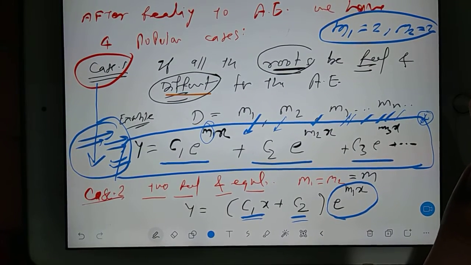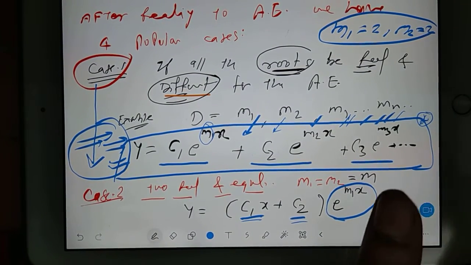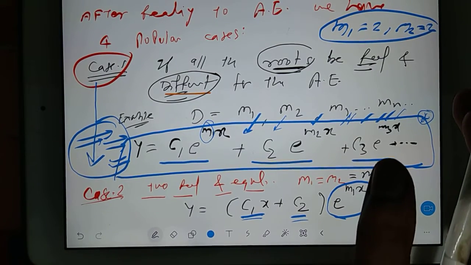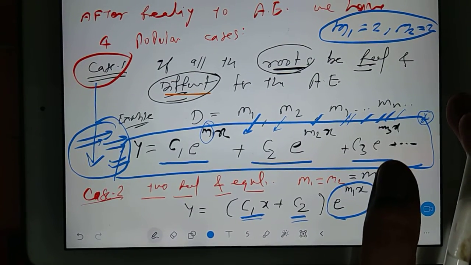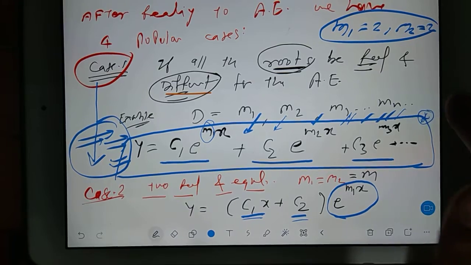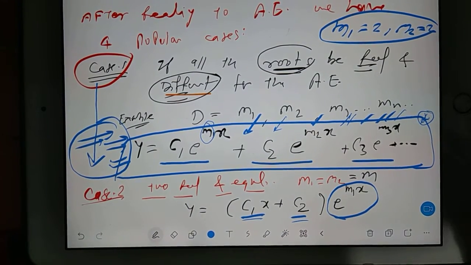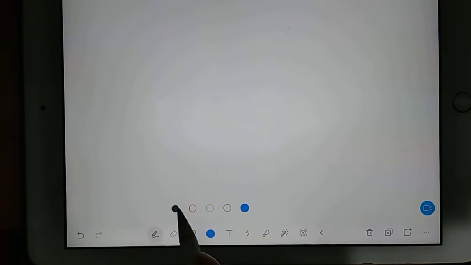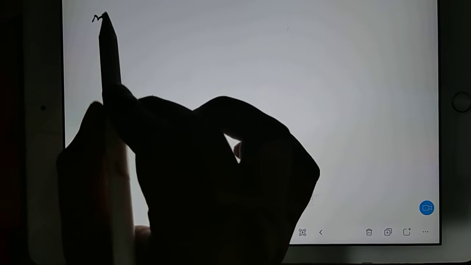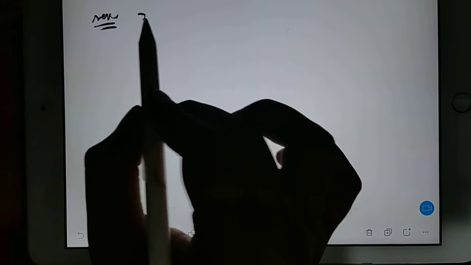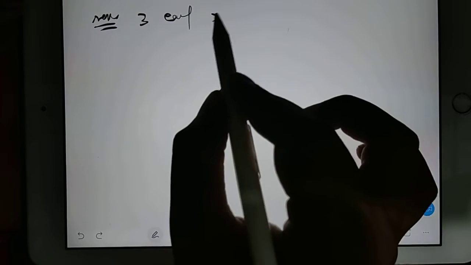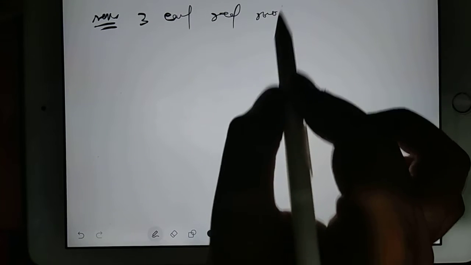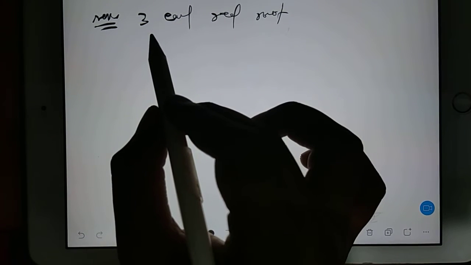Okay, now you see, in case you are asked about 3 equal real roots, then again you have a general form. I'll change the page. Suppose 3 equal real roots, then you remember this format.